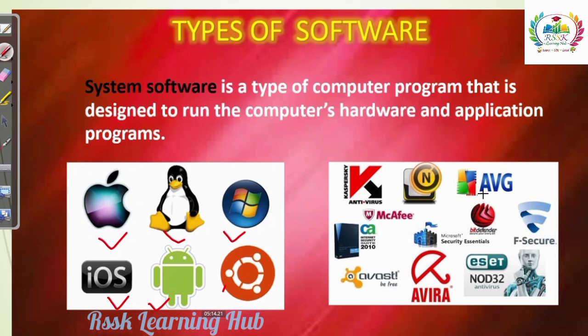Here I have shown some pictures. This AVG antivirus, these are all the antivirus parts: CA, Avira, F-Secure, NOD32 antivirus, and Bitdefender. All these are antivirus providers for your system.